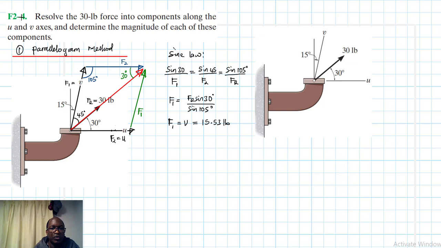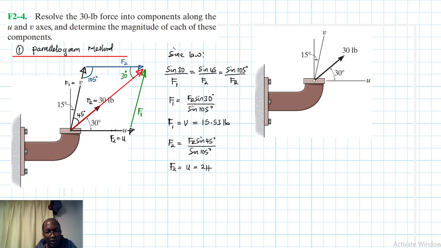Then in the other case, we are using this and this again. We'll make F2 the subject of the formula. F2 is equal to FR sine 45 divided by sine 105. Therefore, F2, which is U, is equal to 30 sine 45 divided by sine 105.